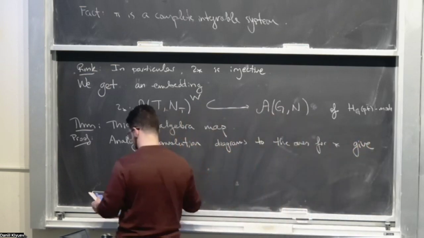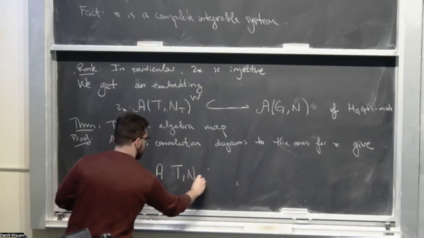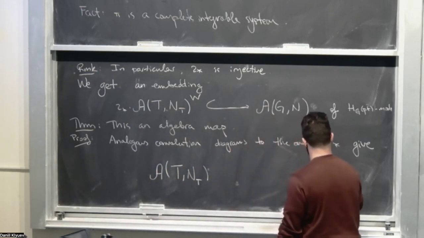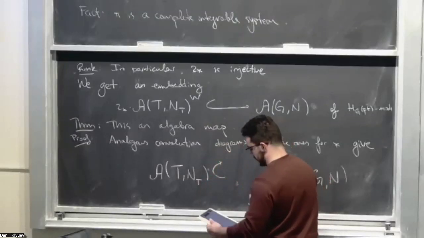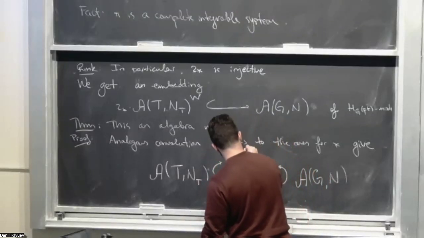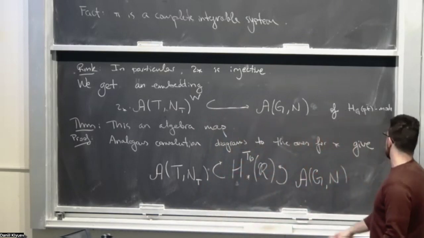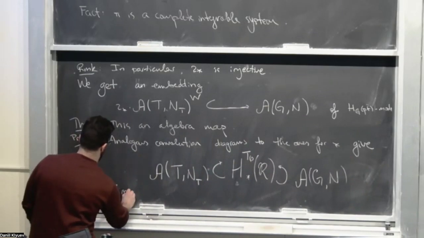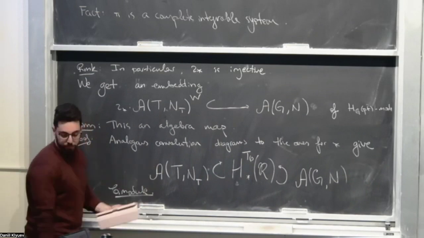And you conclude that the abelian Coulomb branch and the non-abelian Coulomb branch both act on the torus equivariant homology of R. And this is a bimodule. Then you do the same proofs again.